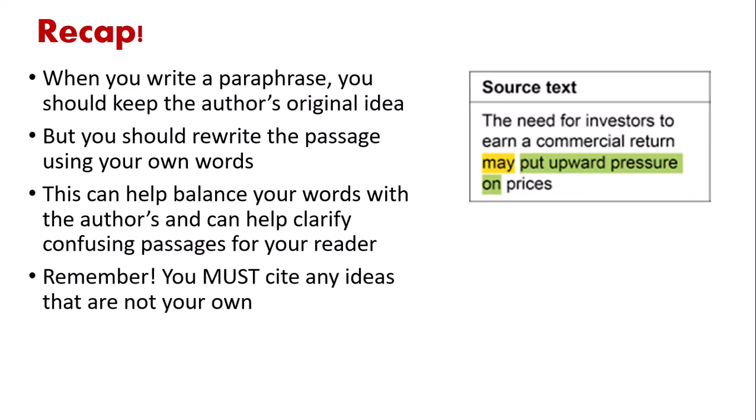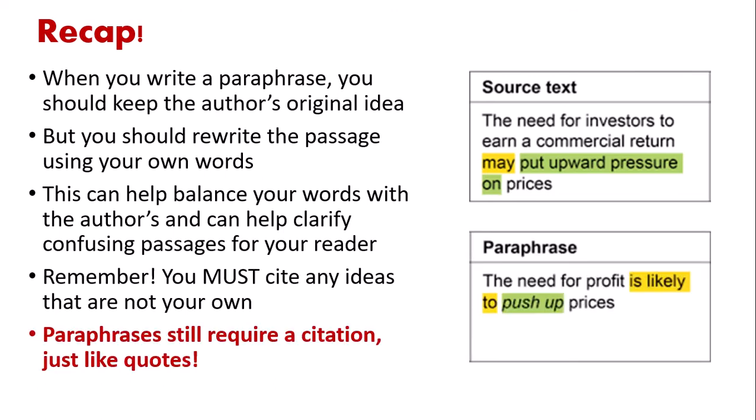Remember, you still have to cite any ideas that are not your own. If you noticed, I had the citations, and you can watch my other videos about how to cite things, but you have to still cite any ideas that are not your own. So paraphrases still require a citation just like quotes do.